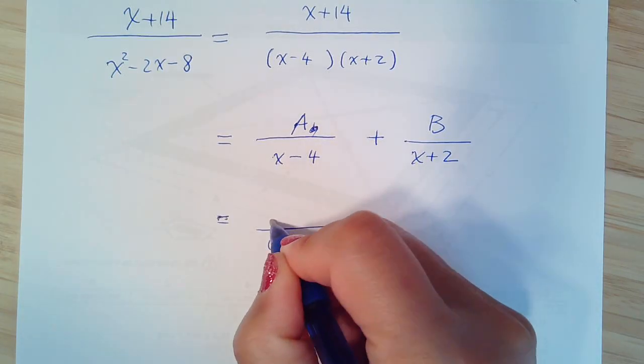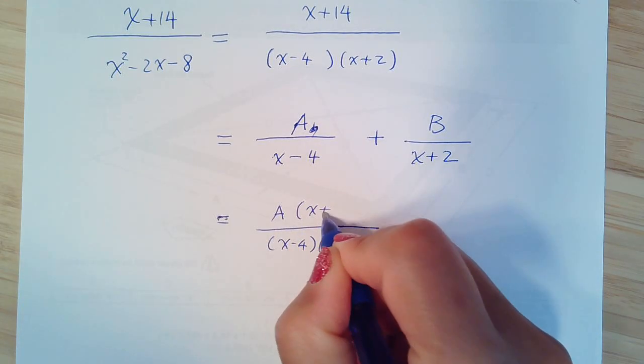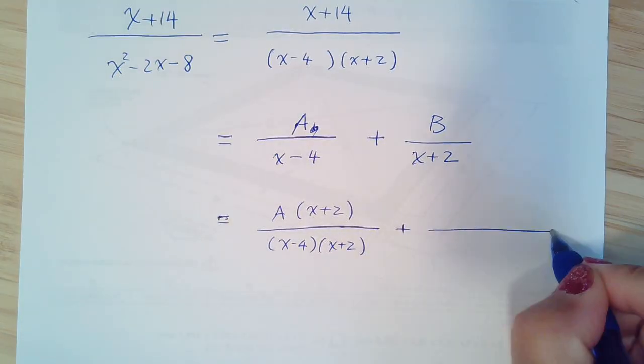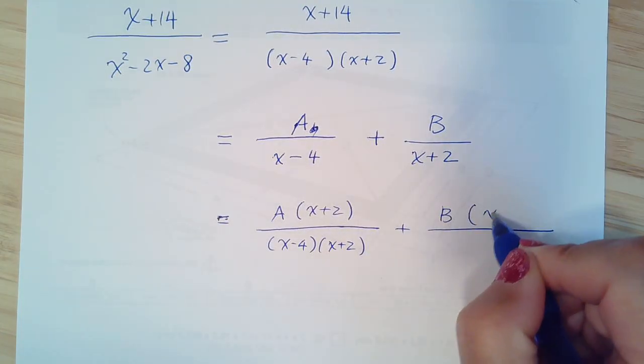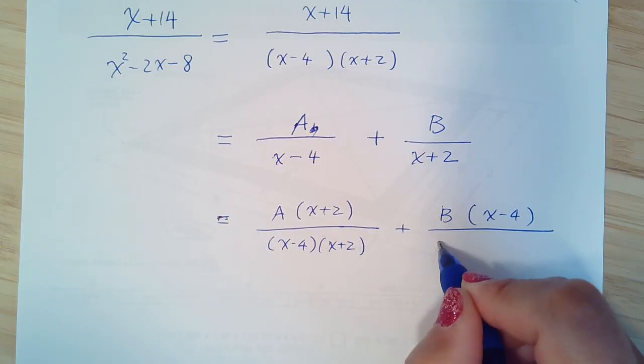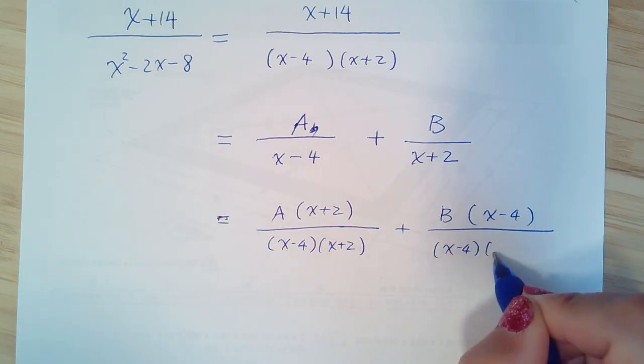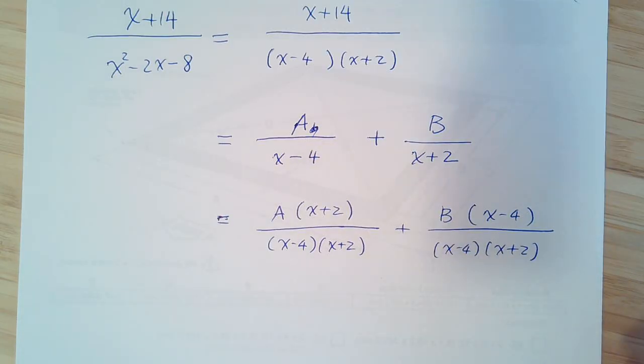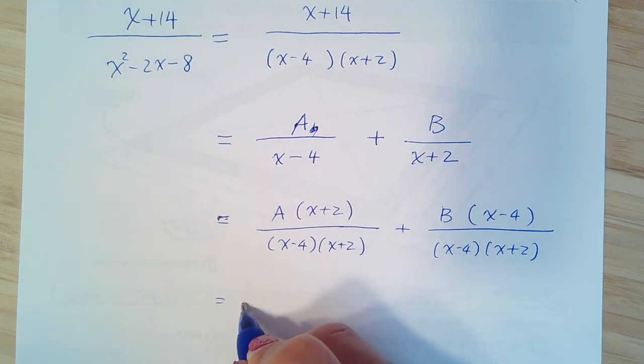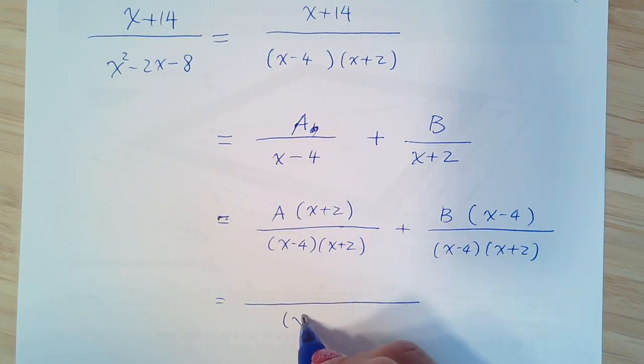This one is going to be A times (x plus 2), and here, that's going to be B times (x minus 4). Looks familiar, huh?